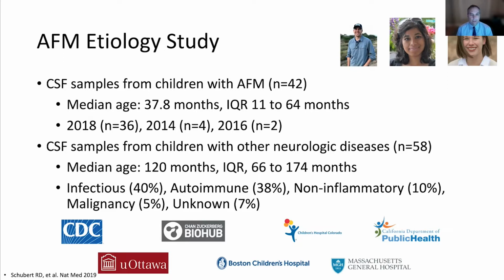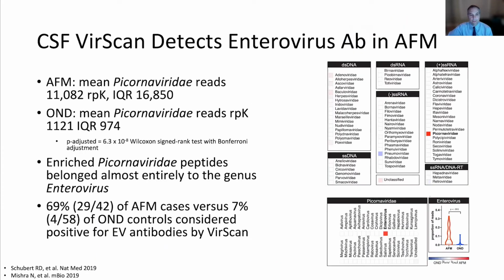And so we, in collaboration with the CDC and a number of hospitals around the country, assessed spinal fluid from these children relative to children with other neurologic disease controls. And similar to a study published around the same time from Ian Lipkin's group at Columbia, found that these children had elevated levels of enterovirus antibodies, and not to any other family of viruses that were represented in the VIR-scan library, in their spinal fluid.